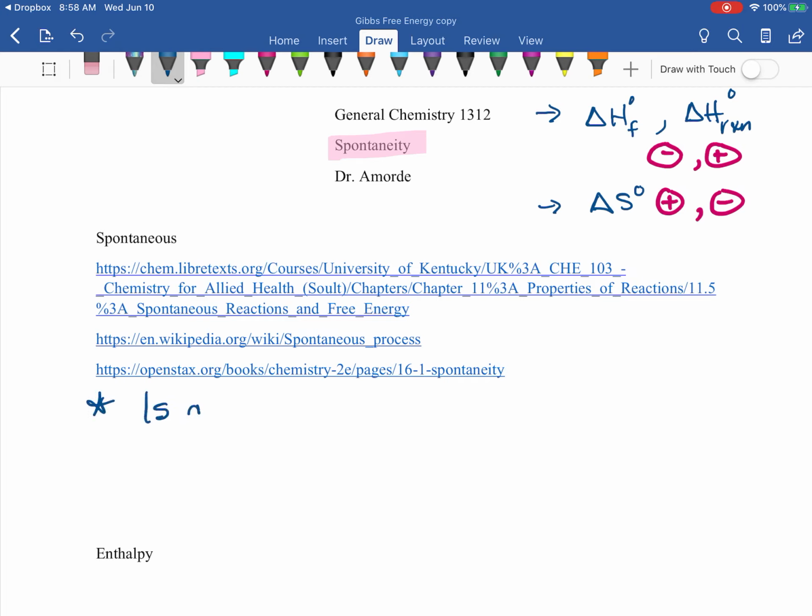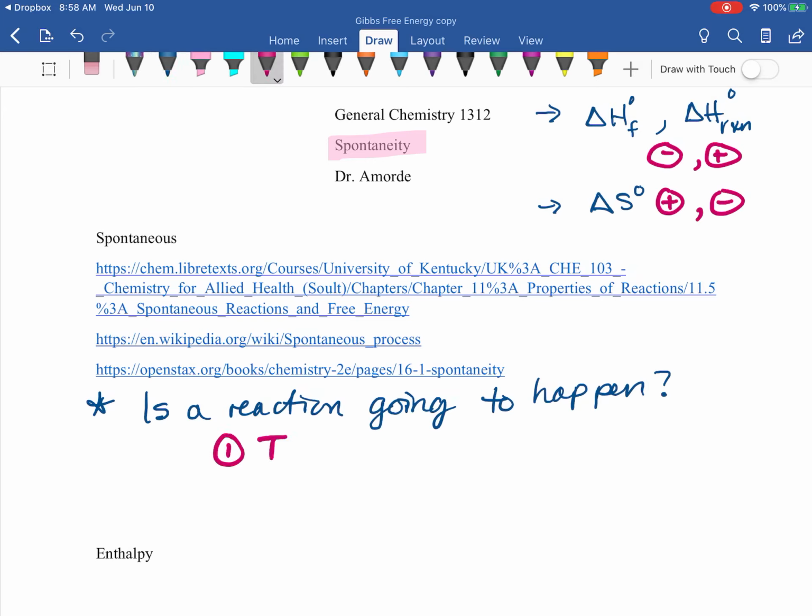All right, so let's write that down. We just take for granted, we write our little reaction scheme on a sheet of paper and we don't even think about it. We just assume it's going to happen. Well, how do you know? Is a reaction going to happen? Well, there's really two answers. The first one is my favorite: you go try it.